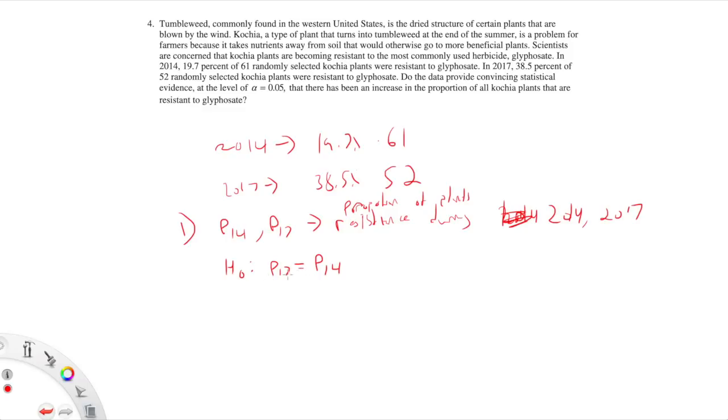The null hypothesis would be that the proportion of resistant plants in the 2017 year would be equal to the proportion of resistant plants in the 2014 year. And then the alternative hypothesis would be that P17 is greater than P14.